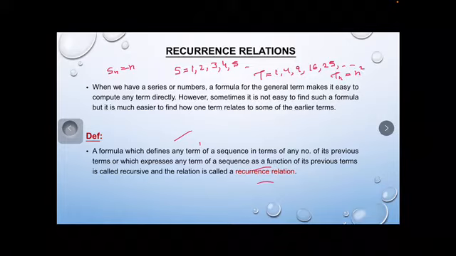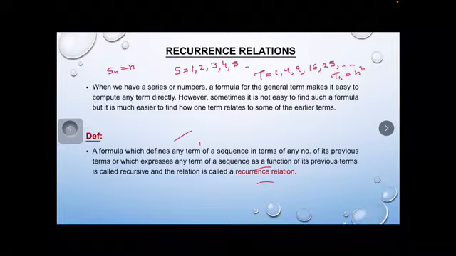After seeing these series you can easily identify the nth term, but it's not always possible. Some series are such that you can't directly identify the nth term.